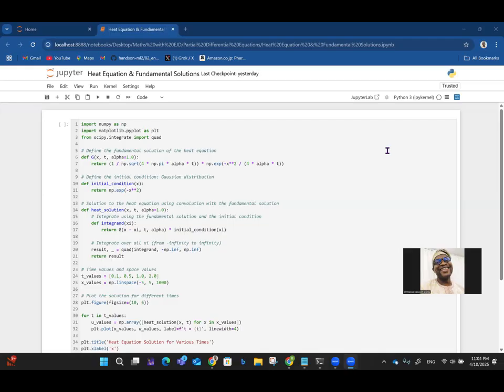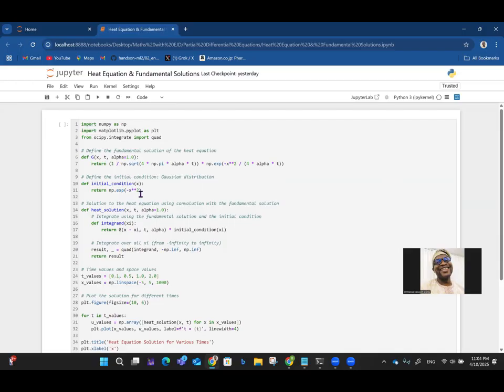Now let's look at the Python code for the heat equation and fundamental solutions. If you look at what we did already, here we have to define our Green's function, that's g of x, t, and we take alpha to be 1.0, and we define that whole expression here, that 1 over square root of 4 pi alpha t with the exponential part e raised to minus x squared over 4 alpha t.